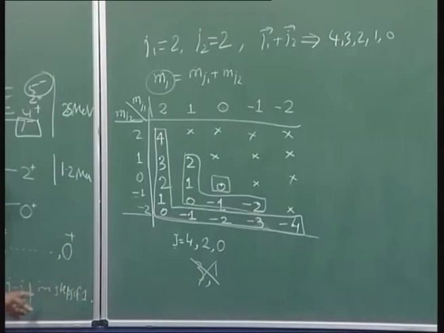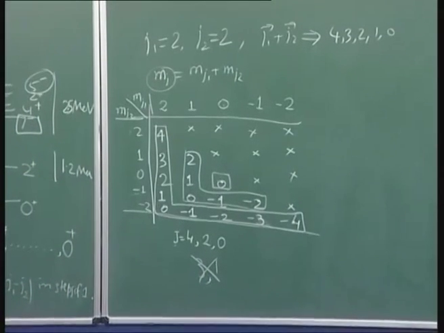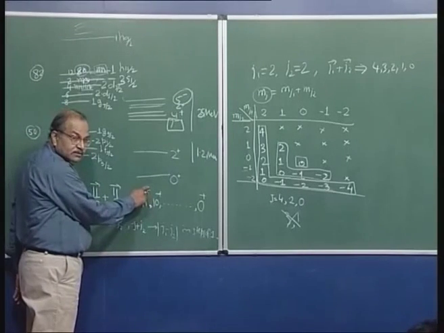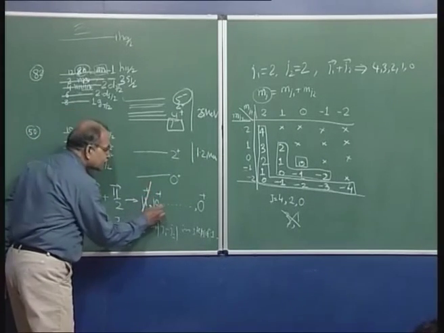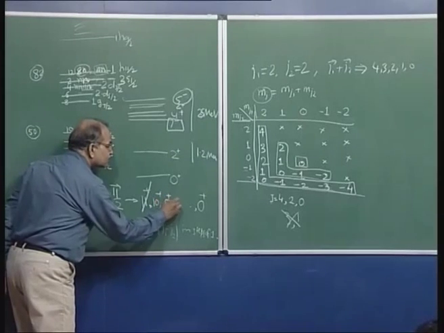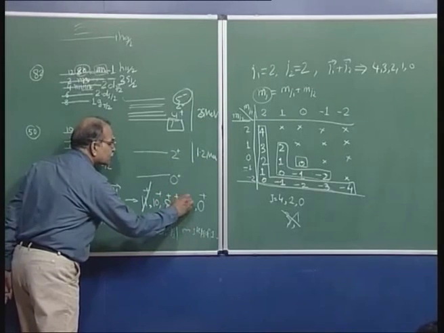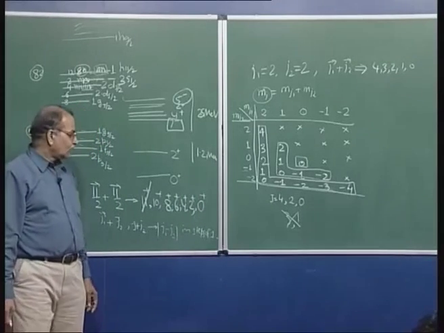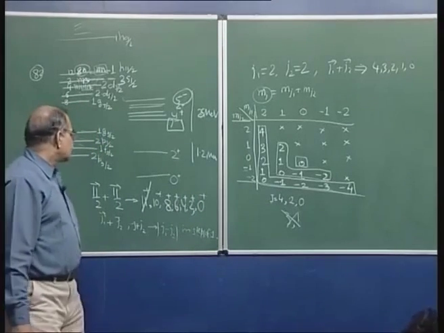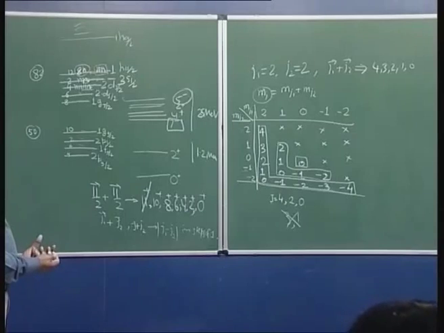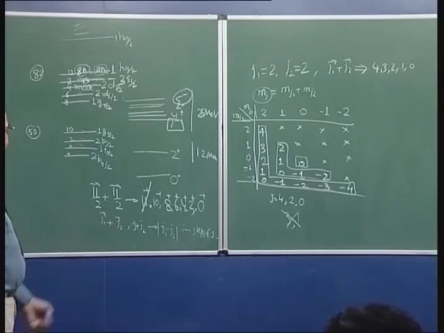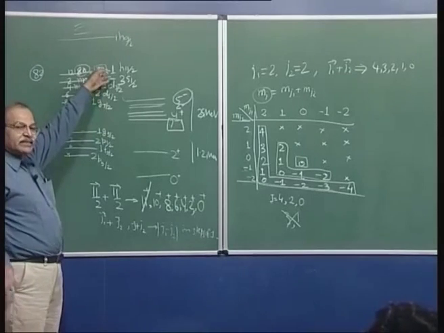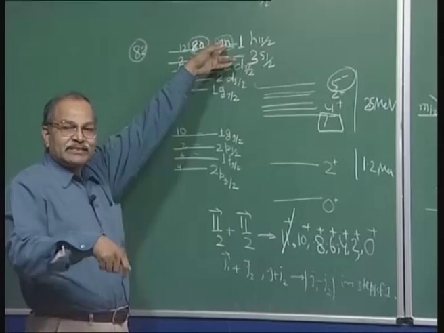So, here also 11 by 2 plus 11 by 2 will not add to 11 plus, 10 plus, then 8 plus, then 6 plus, and then 4 plus, and then 2 plus. So, this type of manipulation is also possible, where we break a pair and then recombine in the same energy level.